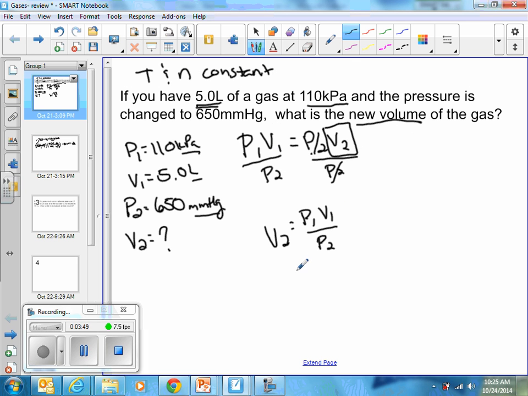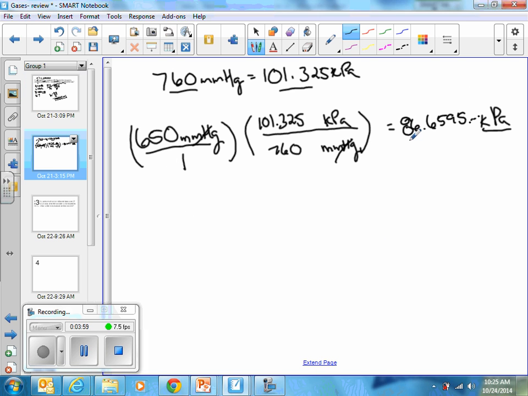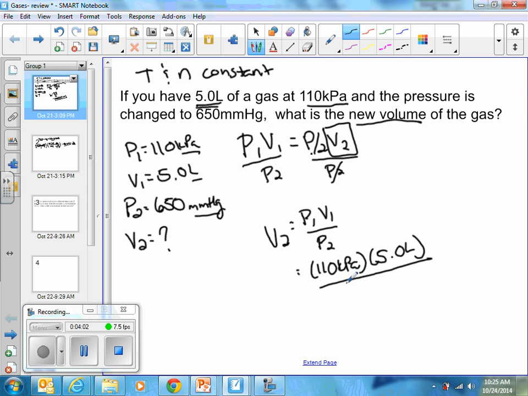So now I can sub everything in. P1 is 110 kilopascals, V1 is 5 liters, P2 I just found is 86.6595. I know that pressure is inversely proportional to volume.